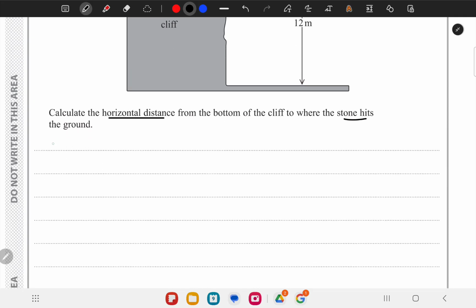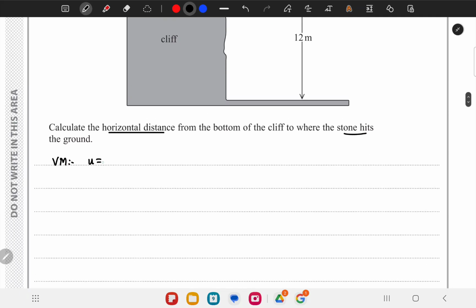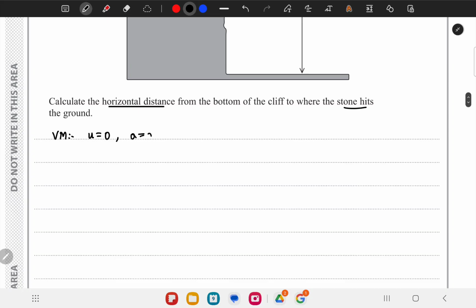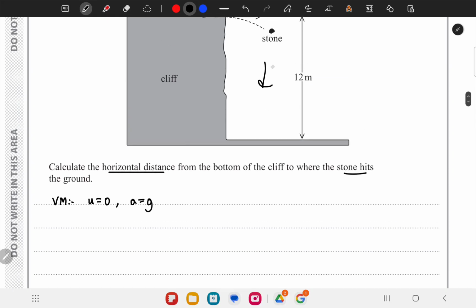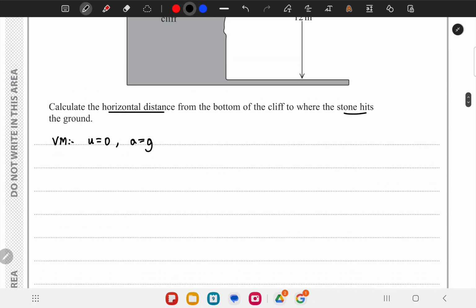For that, using the vertical motion at first, I have to find the flight time. For vertical motion, we know that the initial velocity is 0. As the initial velocity isn't upwards, I can take acceleration to be g. I can take the downward direction to be positive right over here, since the initial velocity was 0.